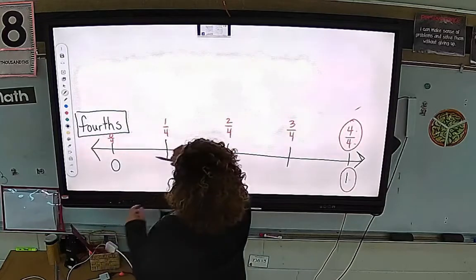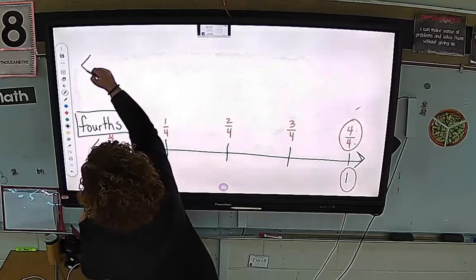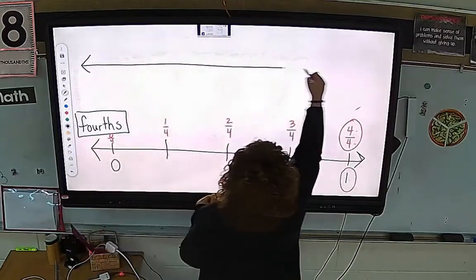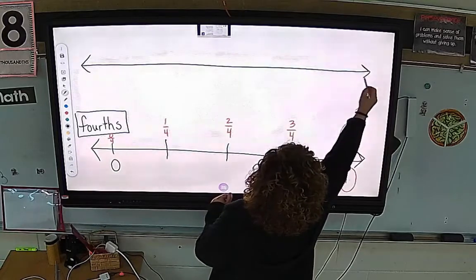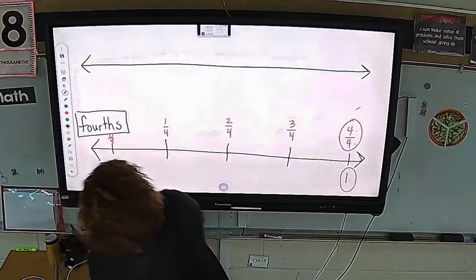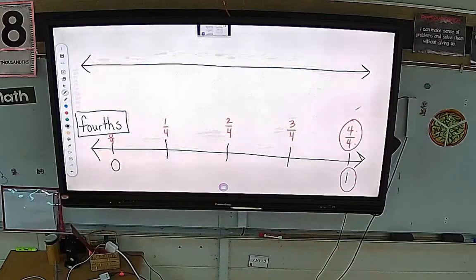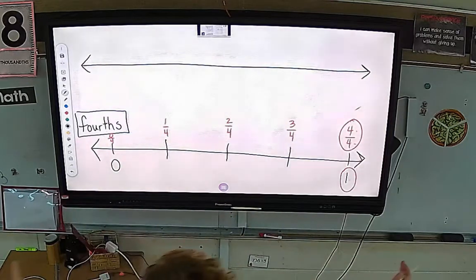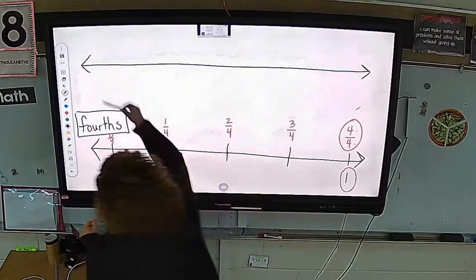Alright, so let's do a number line on your board. And let's turn it into, are those number lines the same size? Pretty close?